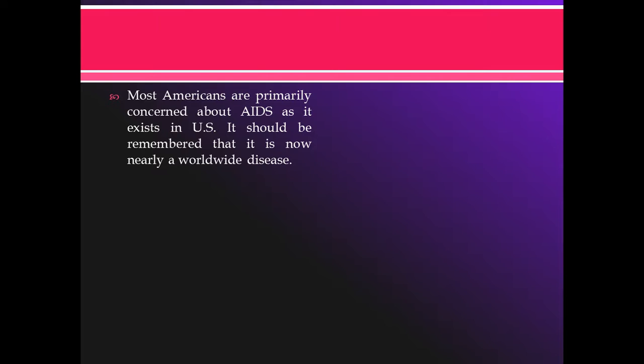Now, the person who wrote this, they're trying to say that although you are concerned about this disease in your own country, you have to also remember that it's a worldwide thing. It's not just a United States problem. So the thoughts are there. They're both correct thoughts. The sentences might be written properly grammatically, but the thoughts are a little disjointed. Here's one thought, and then there's a separate thought, kind of not linked to each other.